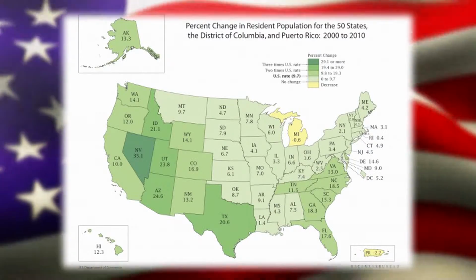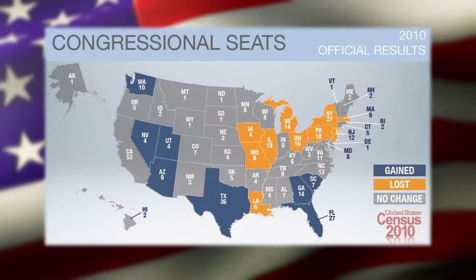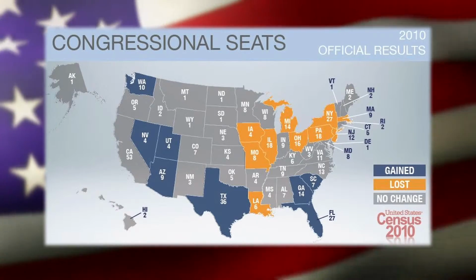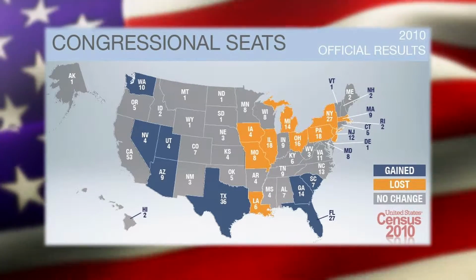So what that means is that even if a state were to gain population, they could still lose representation in the U.S. House of Representatives because there's still a limited number of seats to go around. So in 2010, one state actually lost population, but 10 states lost seats in the House of Representatives.